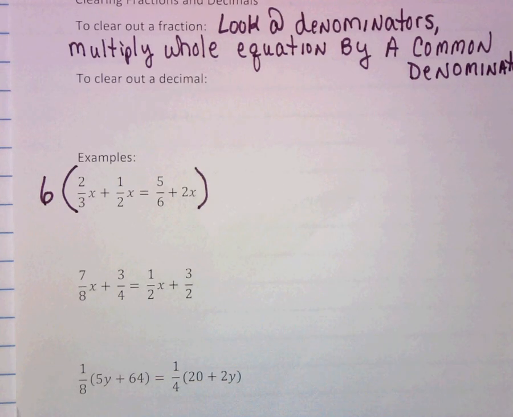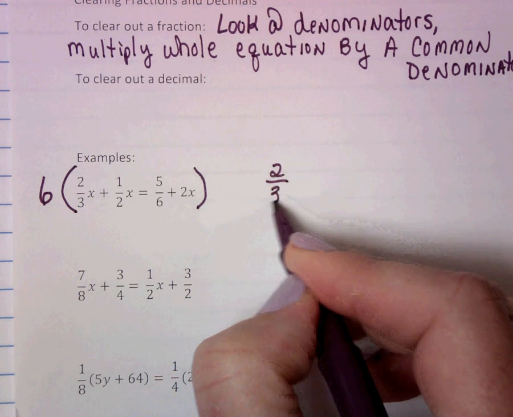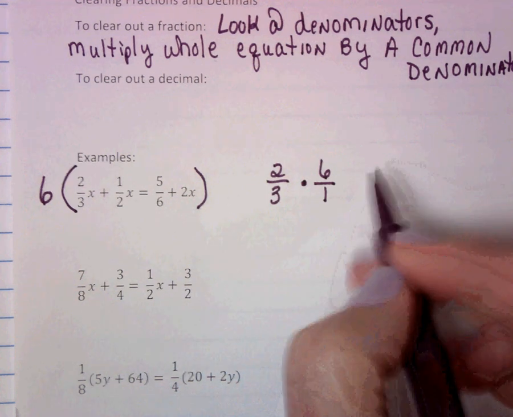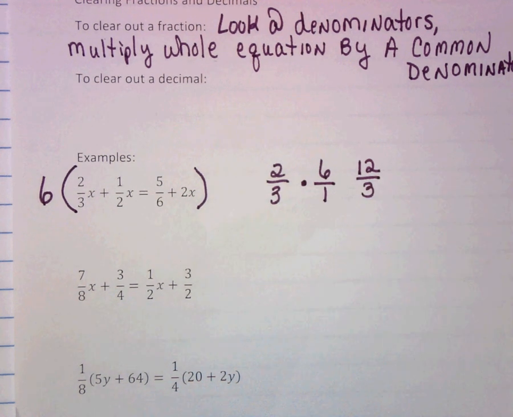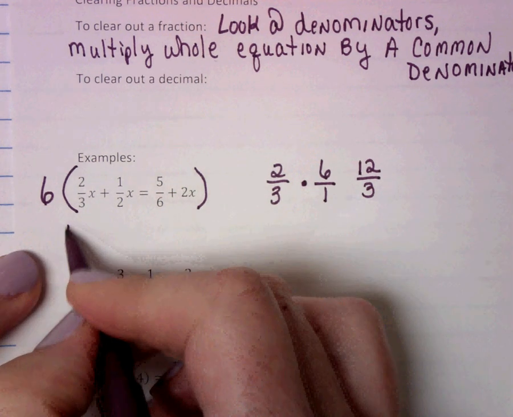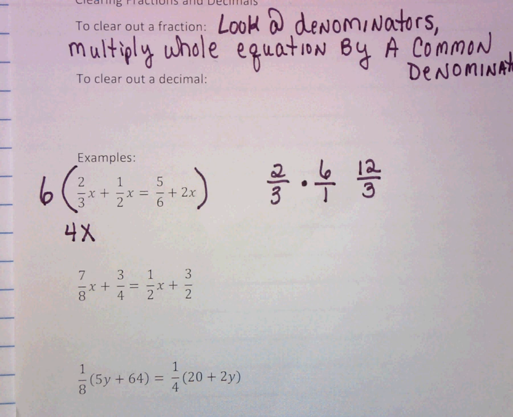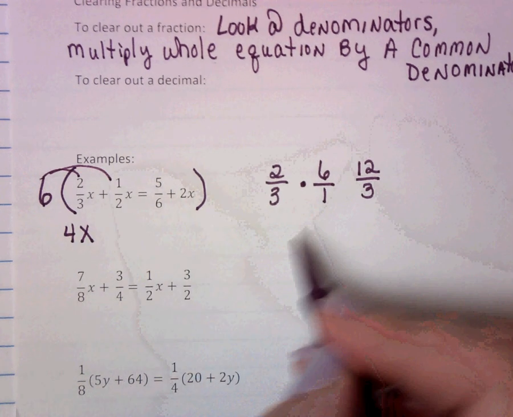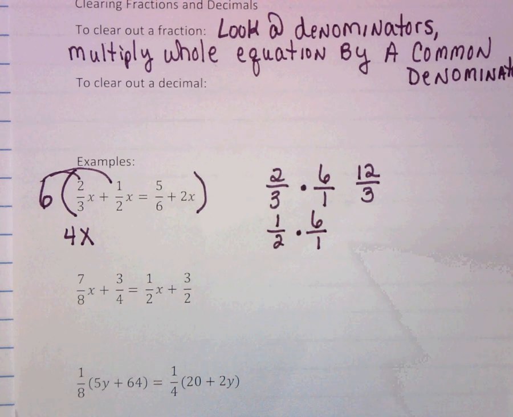And so I want you to see what happens here. If I do 2/3 times 6, well, that gives me 12/3, which is 4. So now I no longer have a fraction, 4x. If I do 6 times 1/2, hopefully we know very quickly that half of 6 is 3.